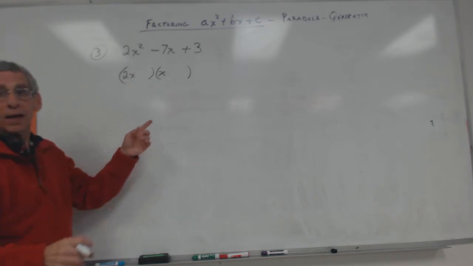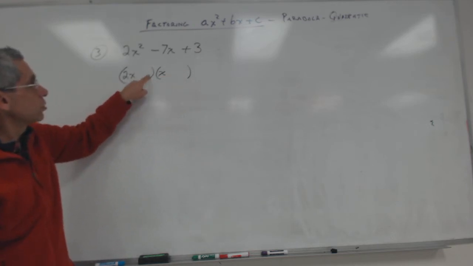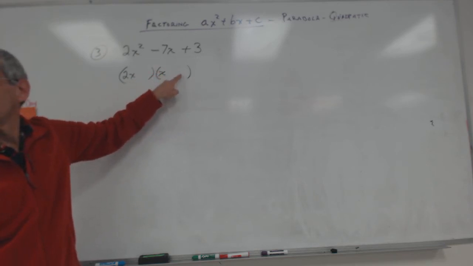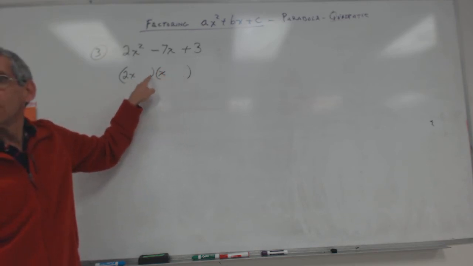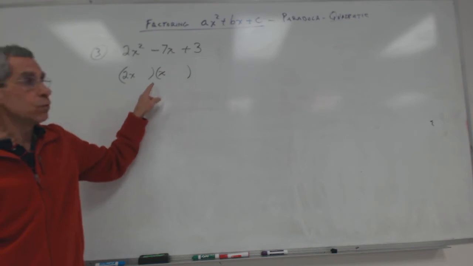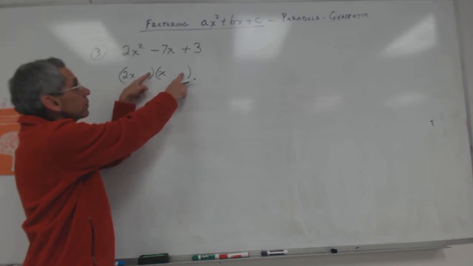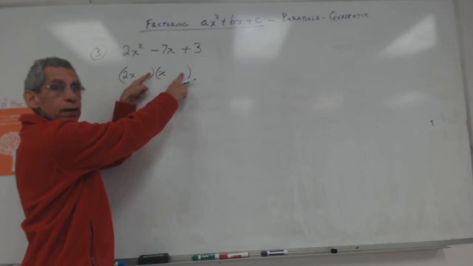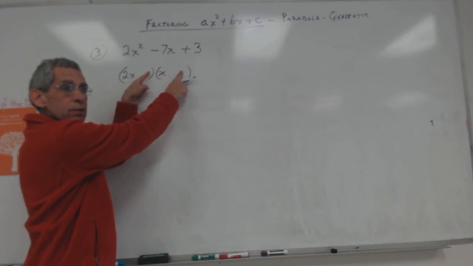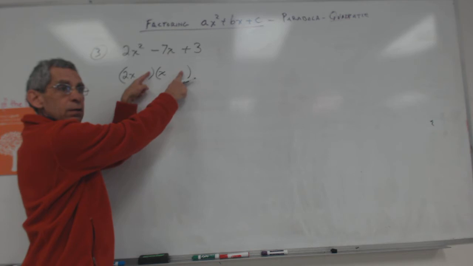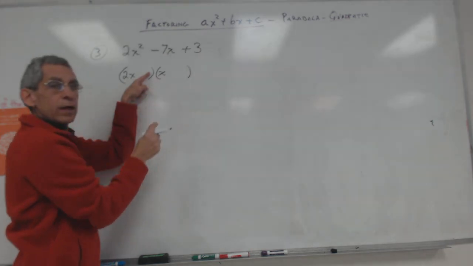Okay, great. Now, what do I know about these two numbers right here? When you multiply them together, they have to equal what? This times this has to equal what? 7. Negative 7. Not quite. This times this has to equal what? 3. 3, right?